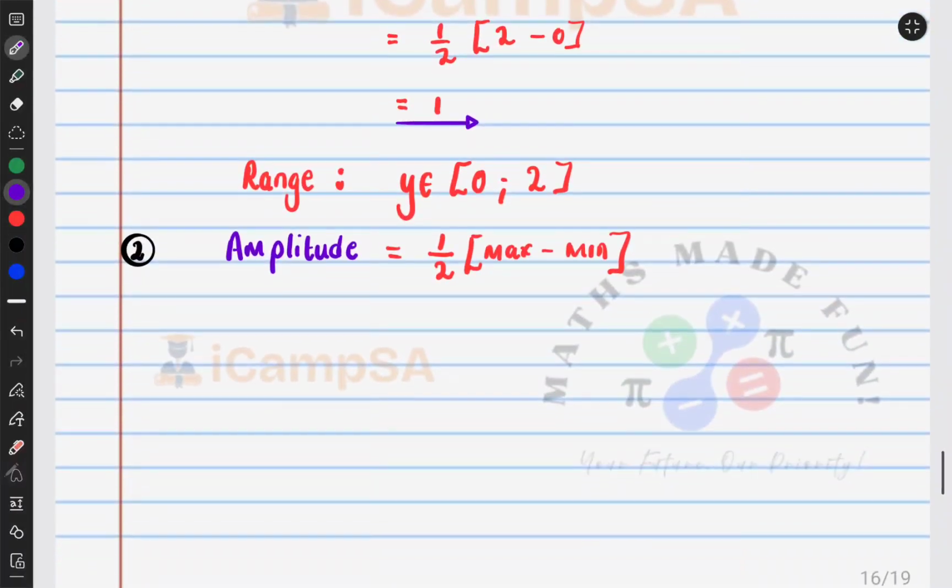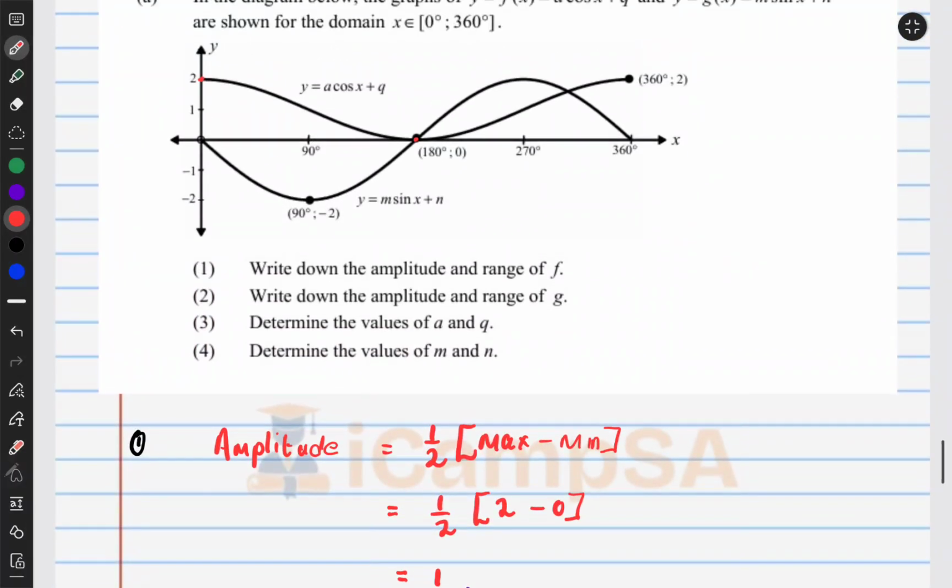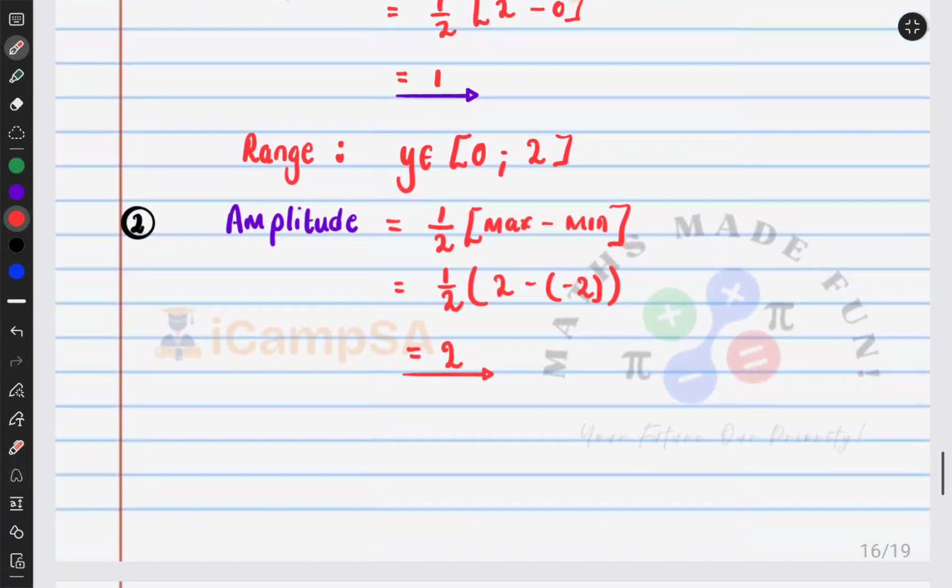So the amplitude is 1/2 (2 - (-2)), which is 1/2 times 4, which is +2. That is the amplitude.